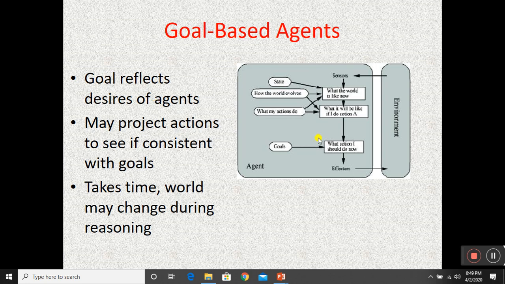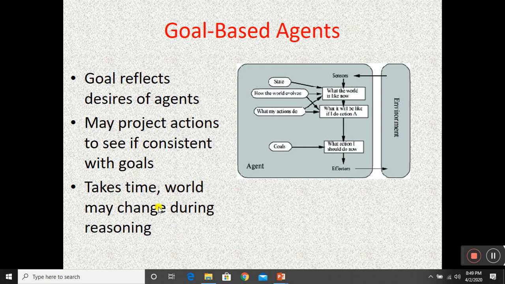Desires of agent means what this agent wants to do, what is the desire of this agent. May project actions to see if consistent with goals. Takes time, world may change during reasoning.